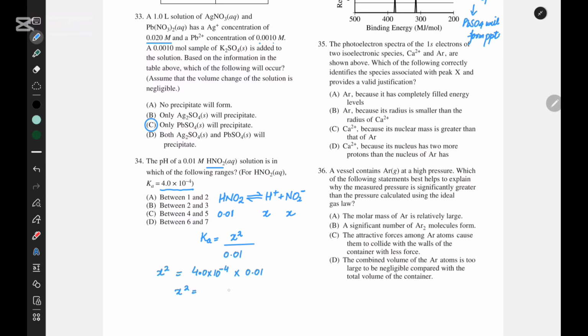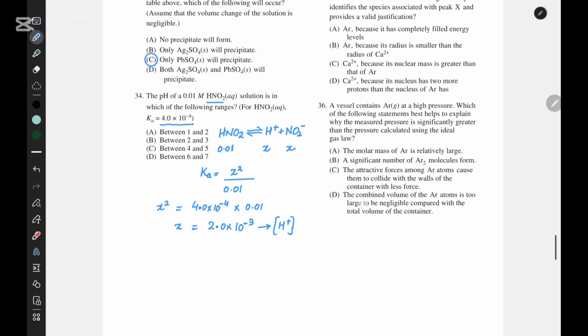X squared comes out to be how much? We can just find the value of X straight, taking the square root, and it comes out to be 2.0 times 10 to the power minus 3, which is the concentration of hydrogen ion.